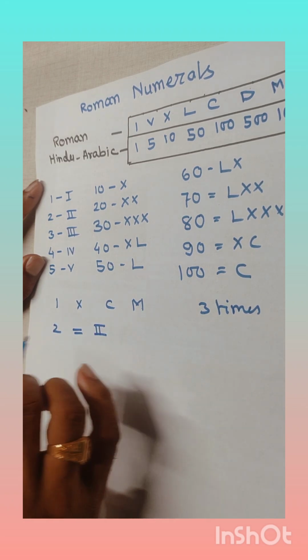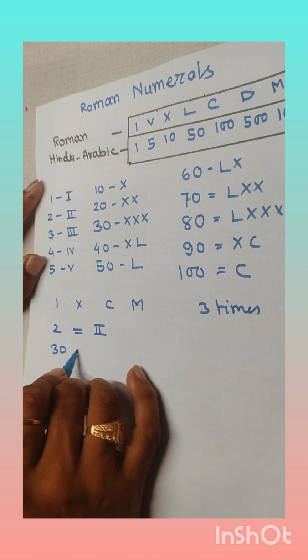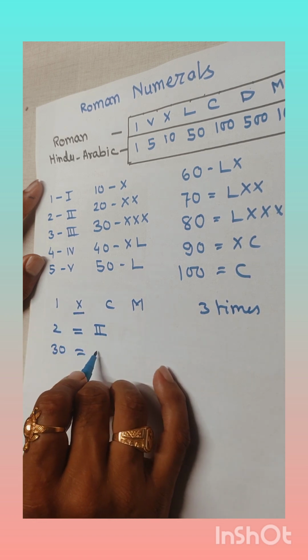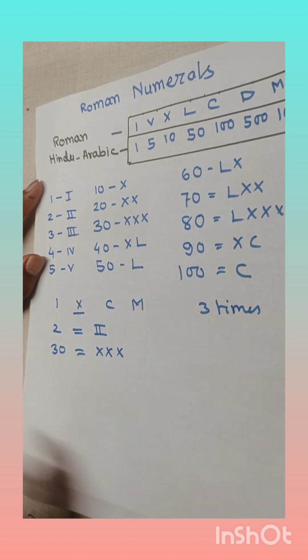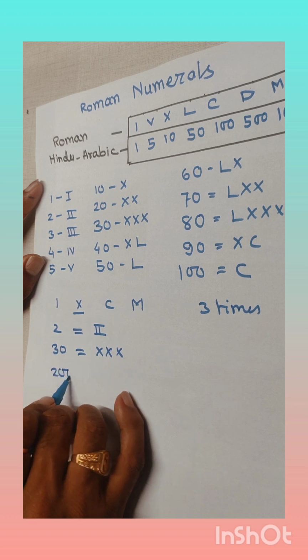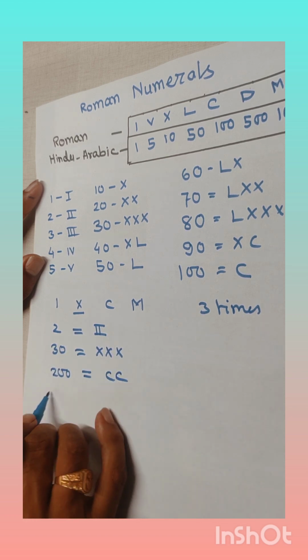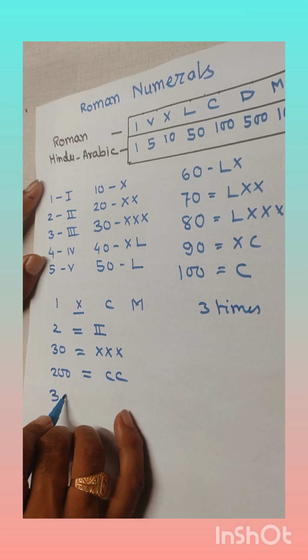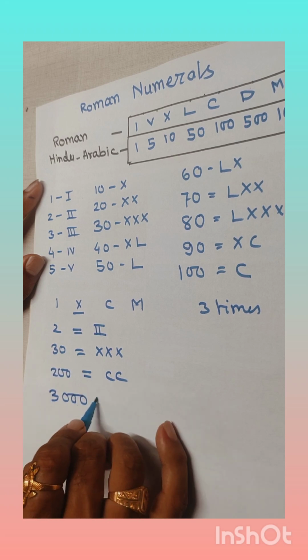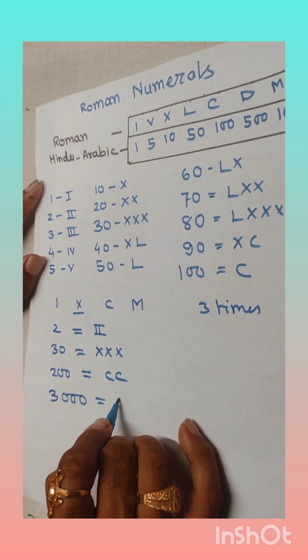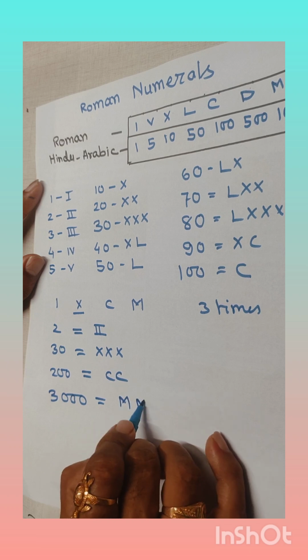If we write 30, we must repeat X 3 times, thrice. If we write 200, then C 2 times. If we write 3000, we repeat M 3 times.